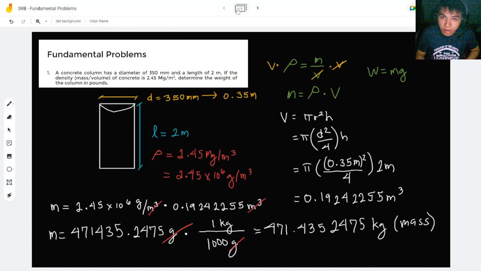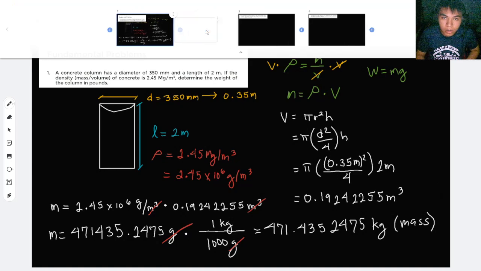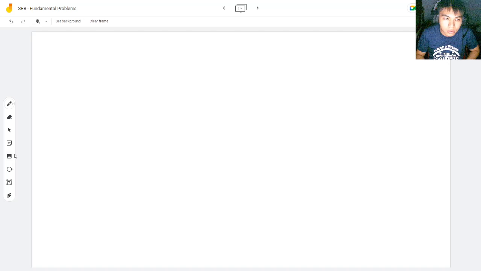So let me make another slide. Okay, and now using the other formula, which is weight equals mass times the gravitational constant or gravitational force, we can compute for the weight.